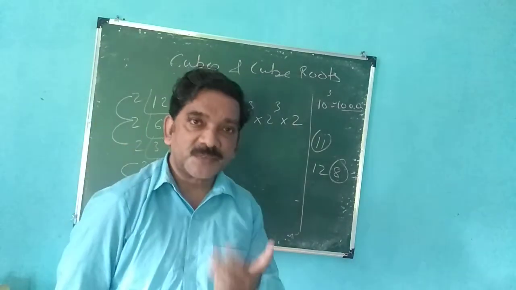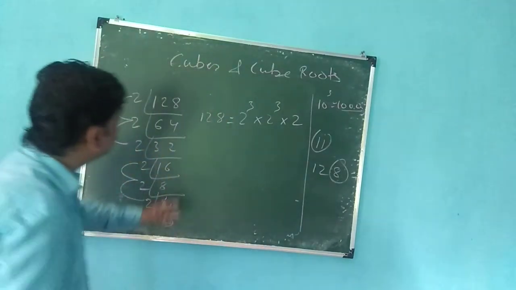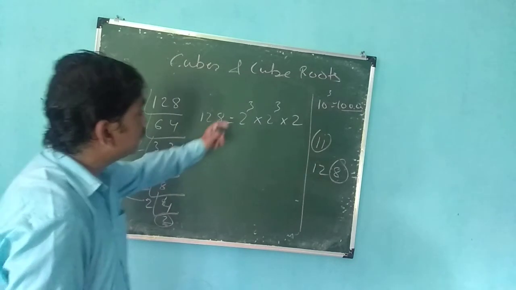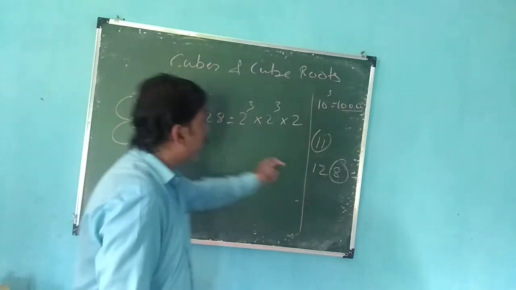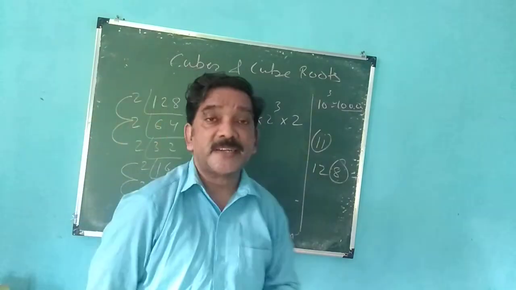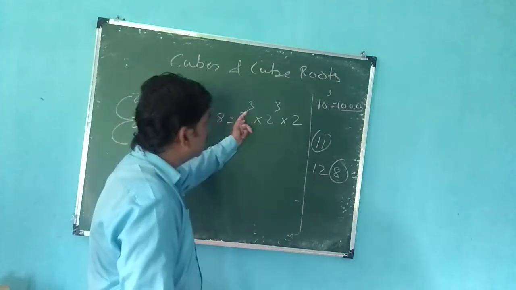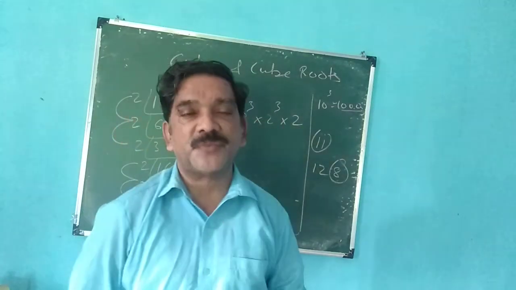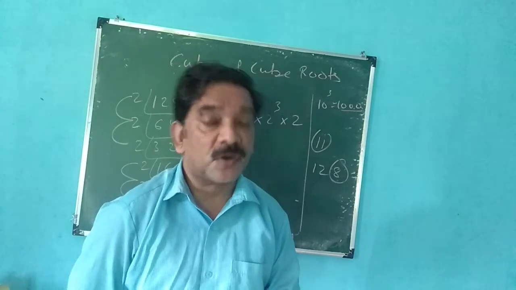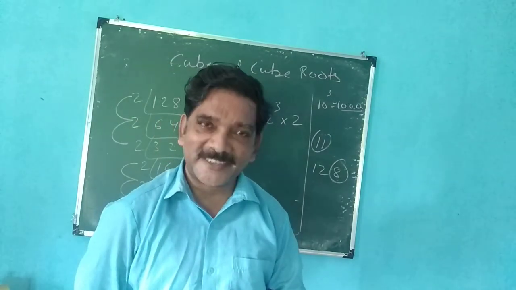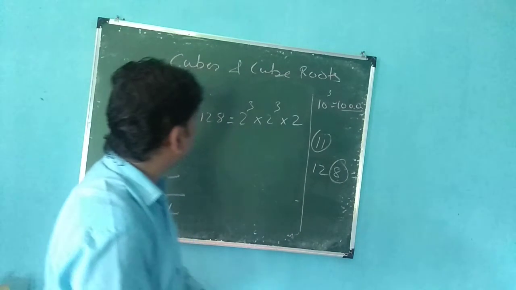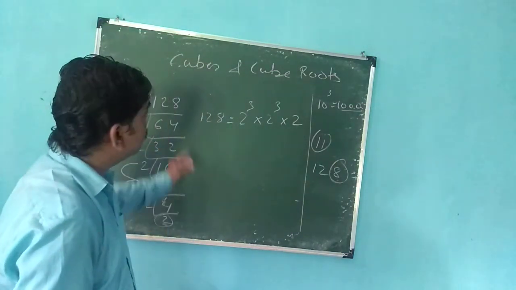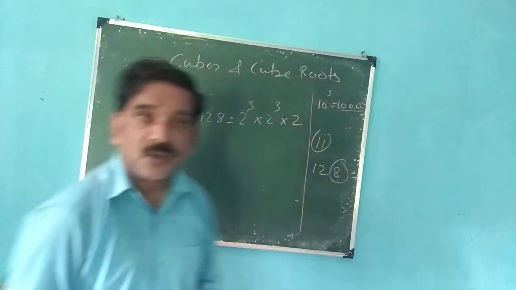It is not repeated with itself. So 128 can be written as 2 cube into 2 cube into 2, and therefore 128 is not a perfect cube, because here a cube is coming, here a cube is coming, but here a cube is not coming. In this way you have to find out whether it's a perfect cube or not. Correct? So this is what cubes and cube roots are all about.